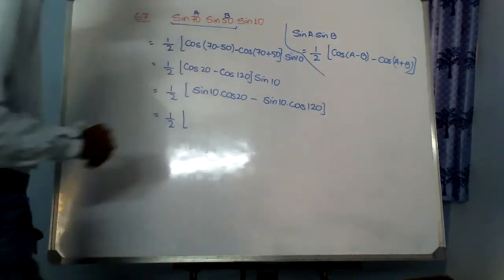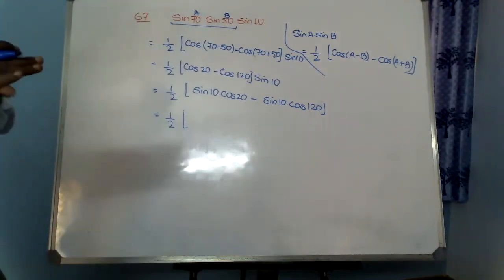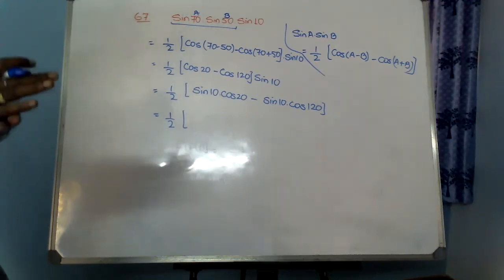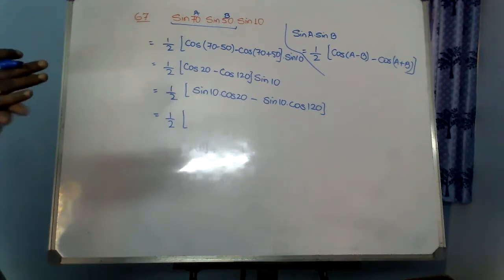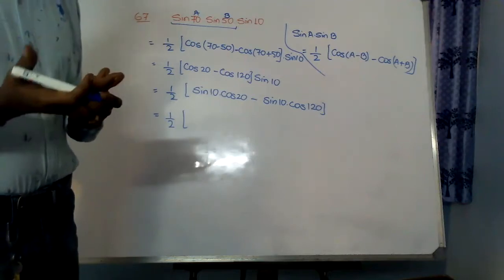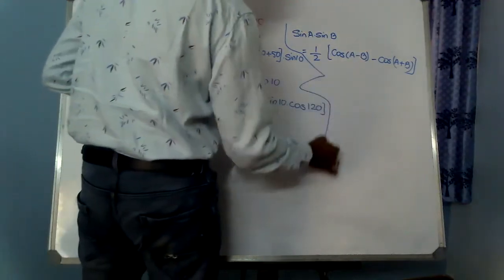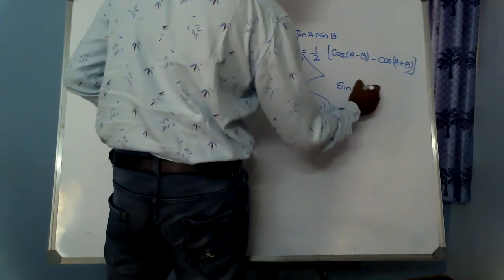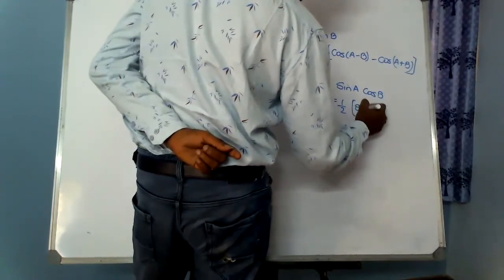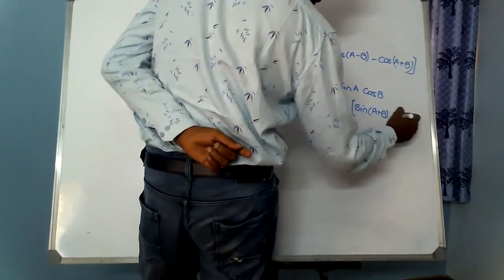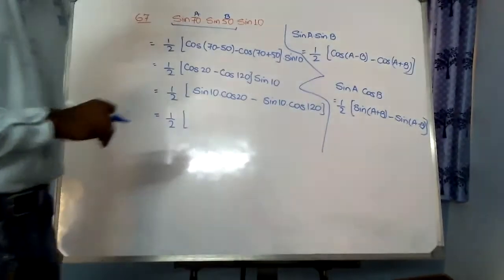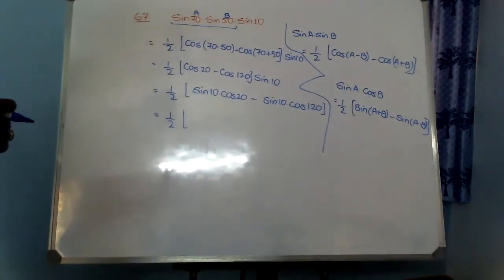Now here again I have reached a place where I need a sine A cos B formula, not sine A sine B, not cos A cos B. And there also we have a formula. It is half sine A plus B plus sine A minus B. These things, where plus, where minus, where A plus B, where A minus B, you have to be very particular with.